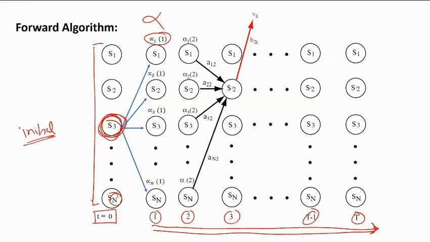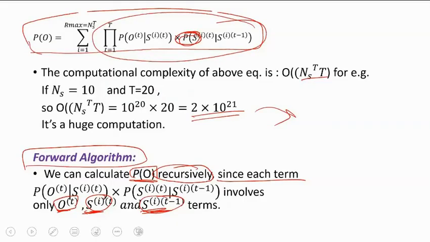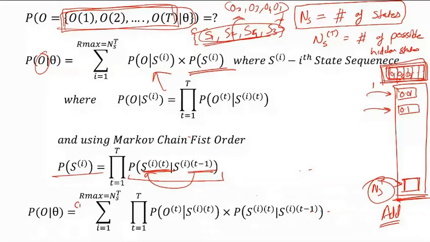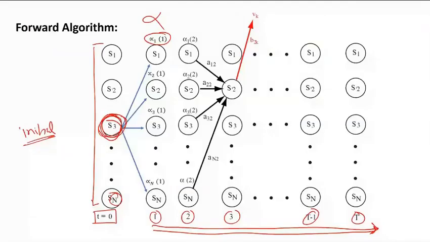Alpha at time step 2 and state number 1, and this alpha n2 stands for state n and time step 2. We calculate this alpha based on the previous time step.